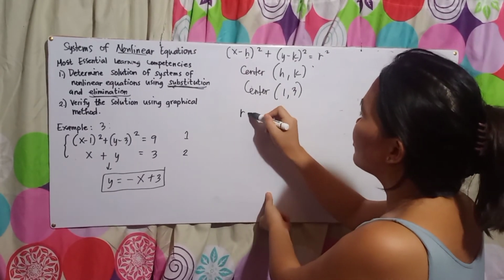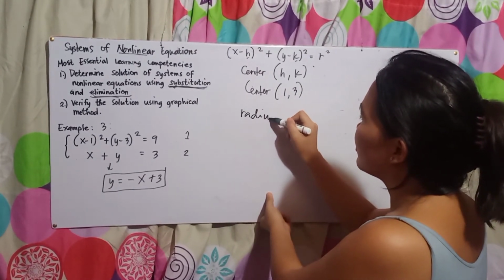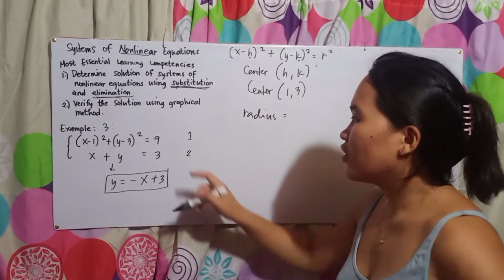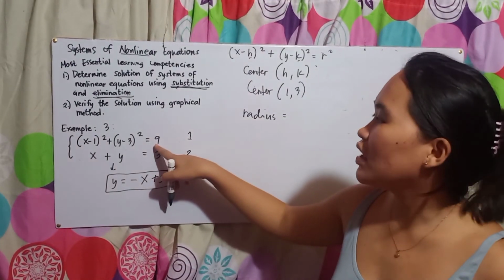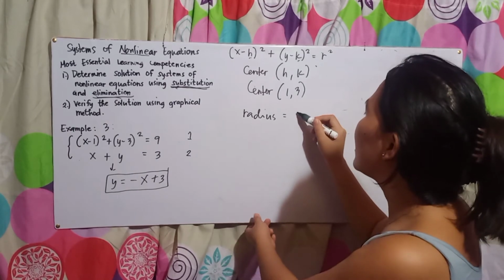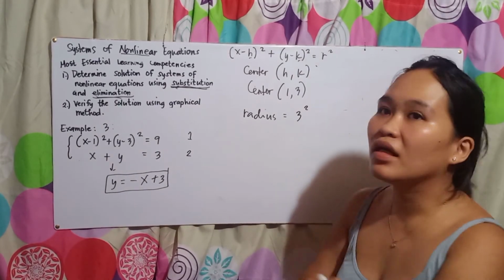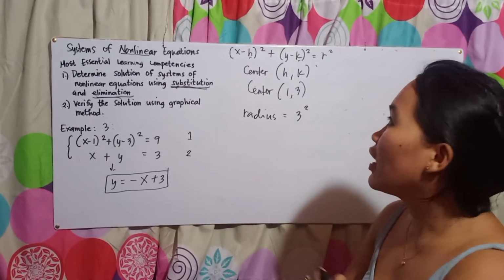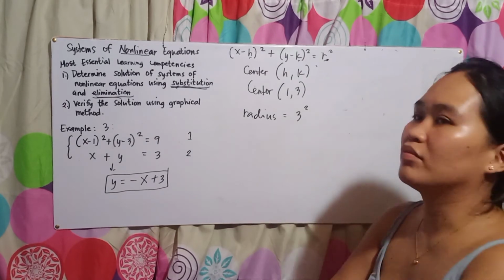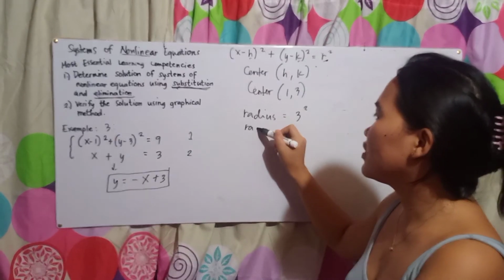Then, ang radius, di ba 9 man ang given diri, so mahimo na siyang 3 squared. Kay 3 times 3 is 9. Kaya dapat ingunani man siya na form. So, ang radius is 3.